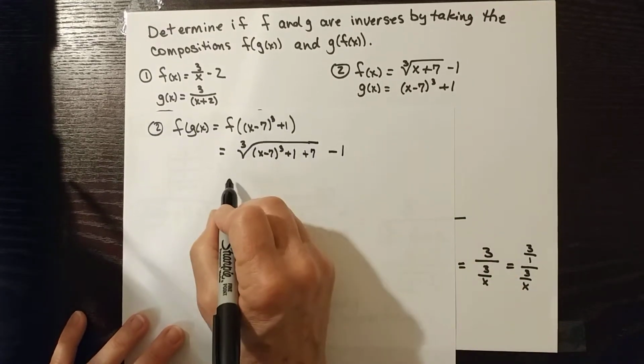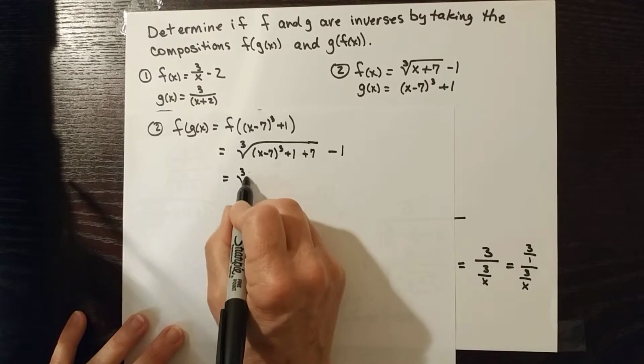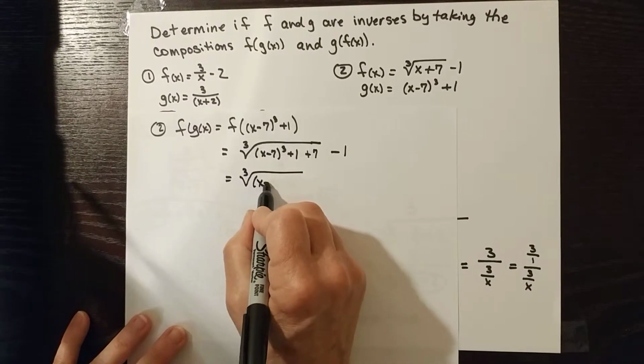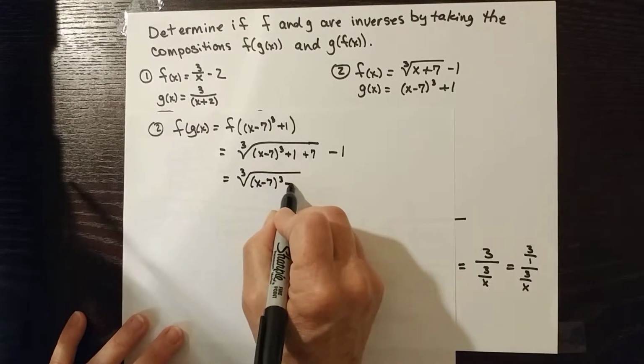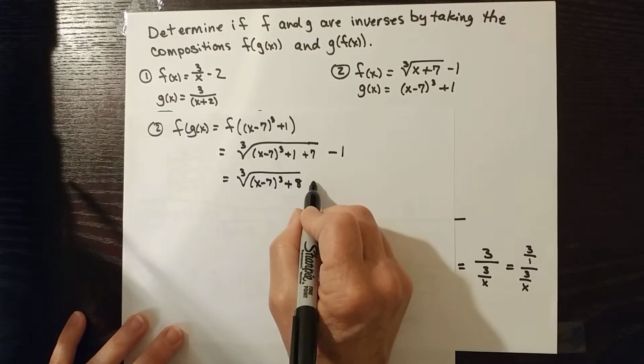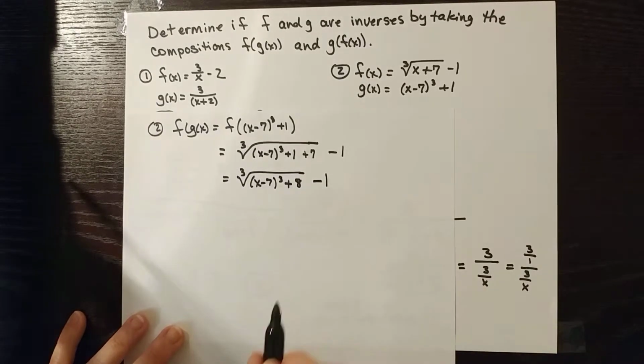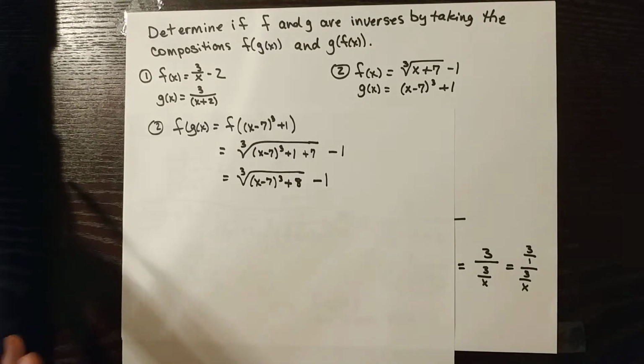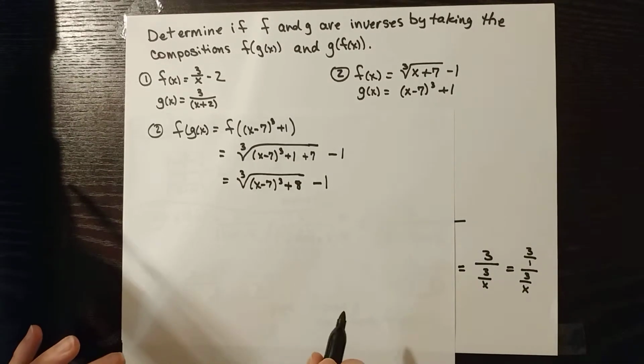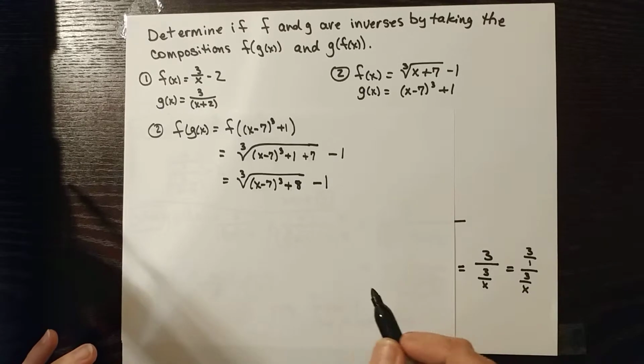So now I see that this is the cube root of x minus 7 to the 3rd power plus 8 minus 1. This is not going to simplify further. It's not going to start to cancel out anything, and I can't simplify this down to just being x.